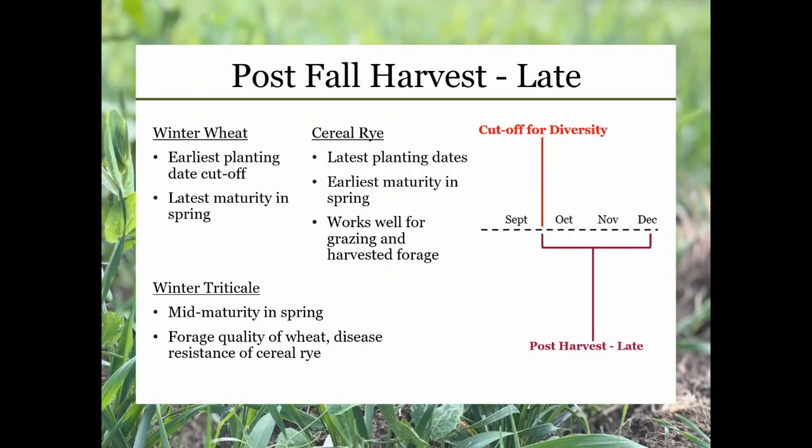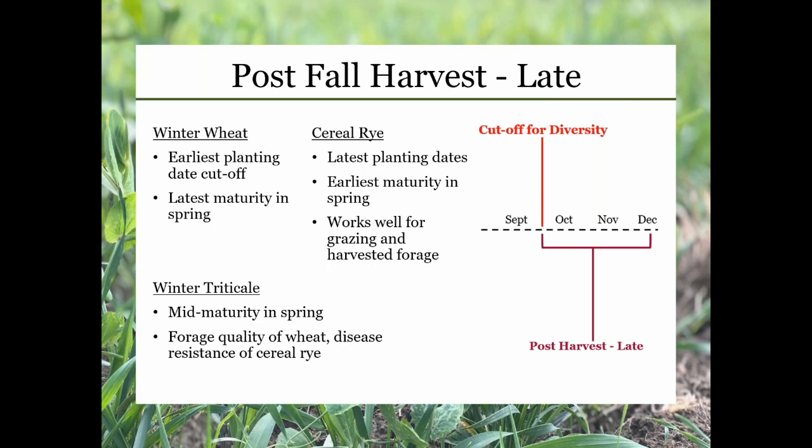So there's that period where we get to mid-September, and oats and barley, right up until that point in time, we'll get enough biomass to make a good cover crop. But then we get to a point where we're down to winter wheat, winter triticale, and cereal rye. And that'll last until early October.